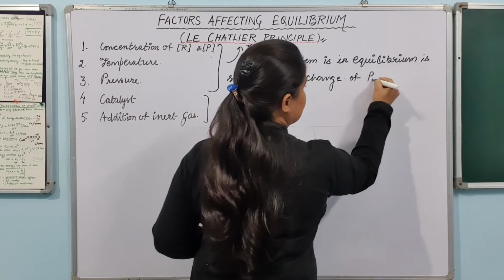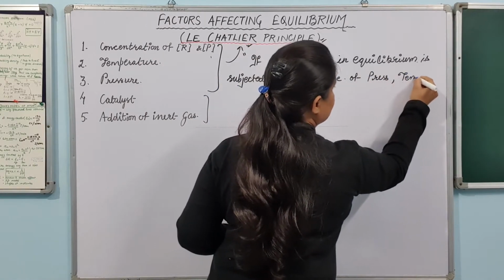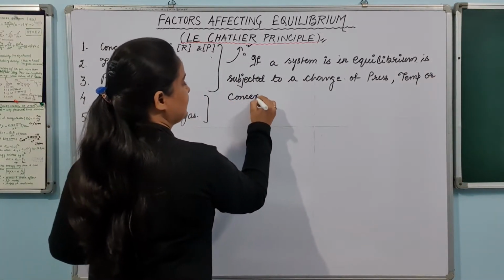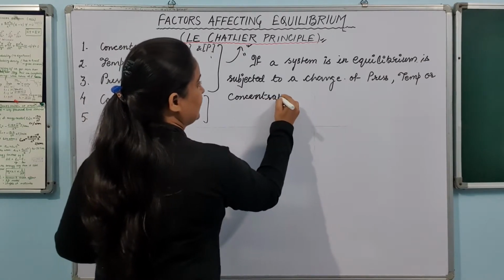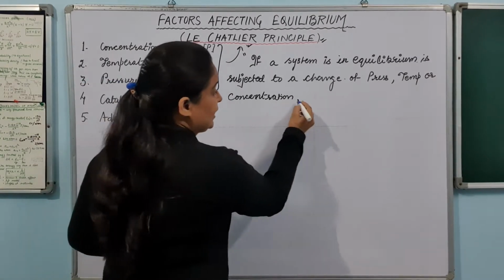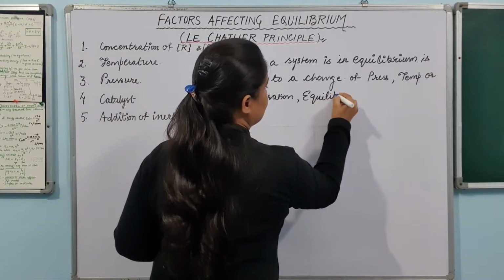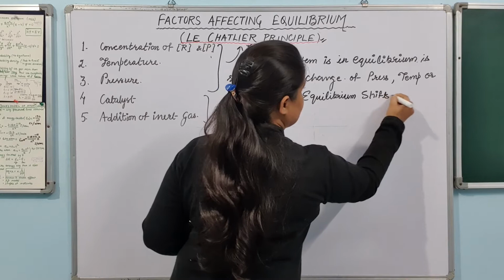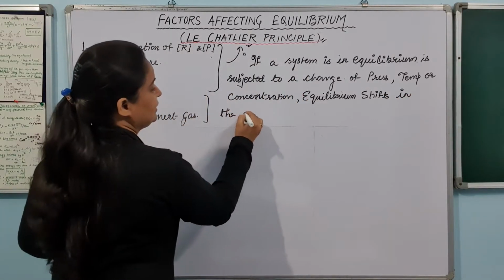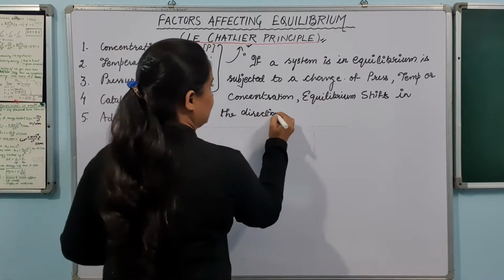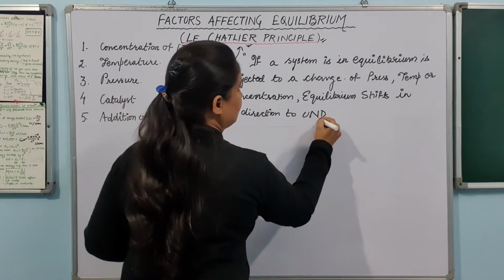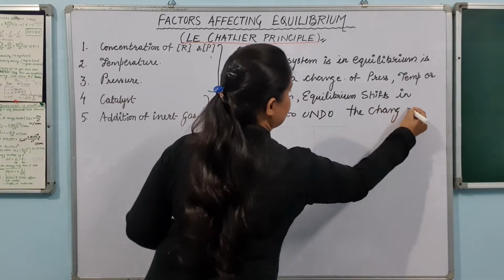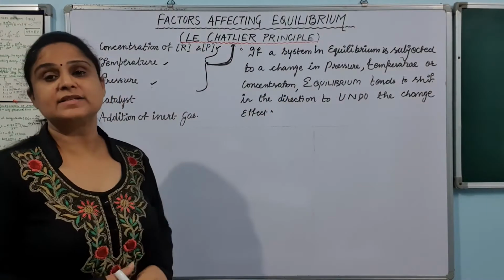Change of pressure, temperature, or concentration of reactant or product, equilibrium shifts in the direction to undo the change effect. So this is Le Chatelier's principle.